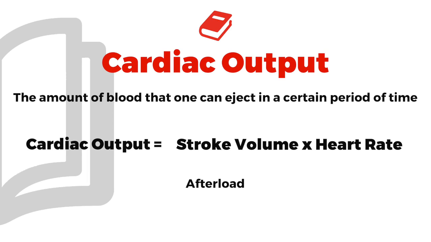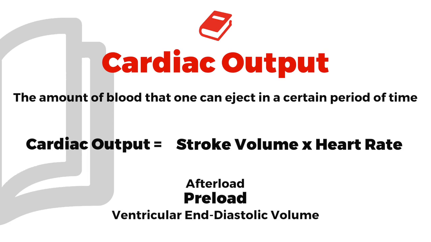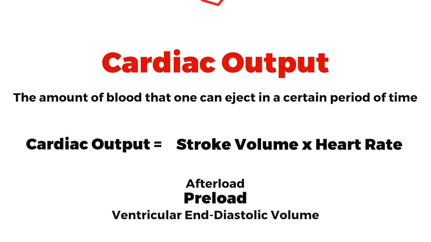Also, there's something called afterload and preload, all right? Preload is basically ventricular end diastolic volume. And you're like, okay, so basically how much blood is in that heart. Now, one thing I want you to know is the more you can stretch that heart, the more you can put in there. And so that would be how many fibers are involved. All right, and your boards actually asked a question about this, and let's go ahead and put that question up there and see if we can work our way through it.